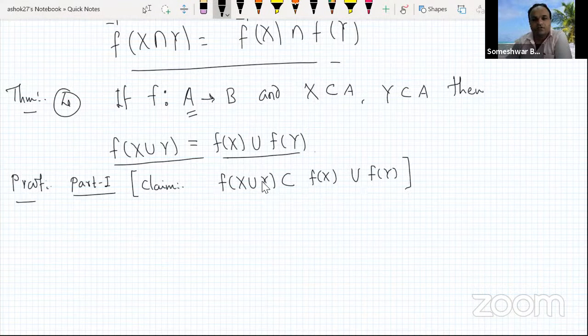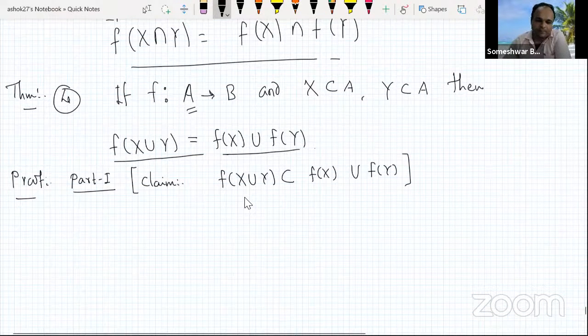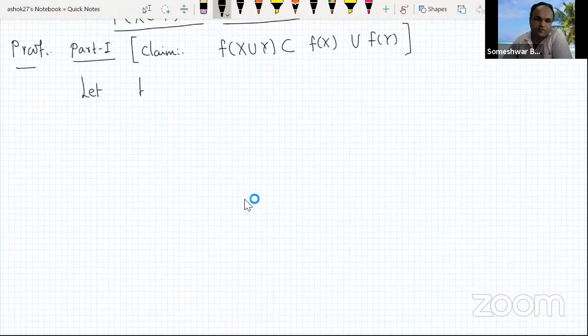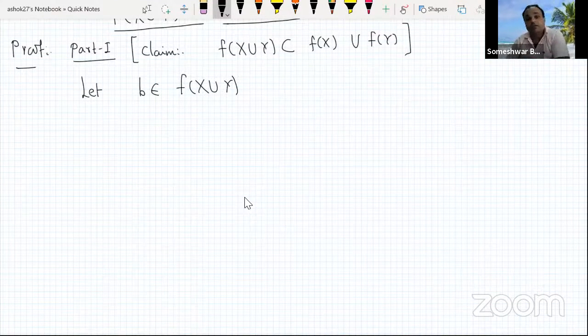For that, suppose b is an element of f of x union y. So we are taking one element from here and we'll prove this element is in the other set.